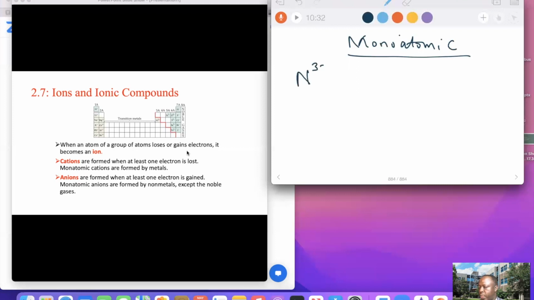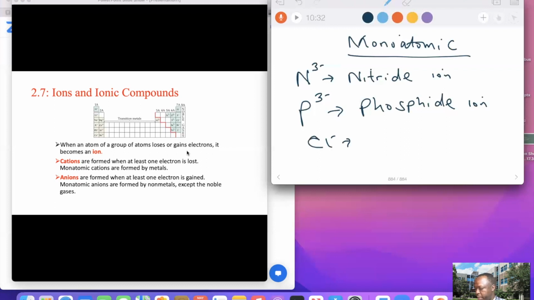N3 negative, this is nitride. Look at how it's written, IDE. P3 negative, this is phosphide, IDE. And by the way, you have to add ion at the end.